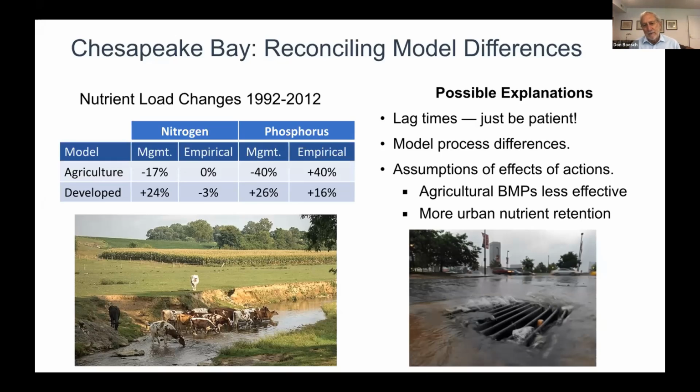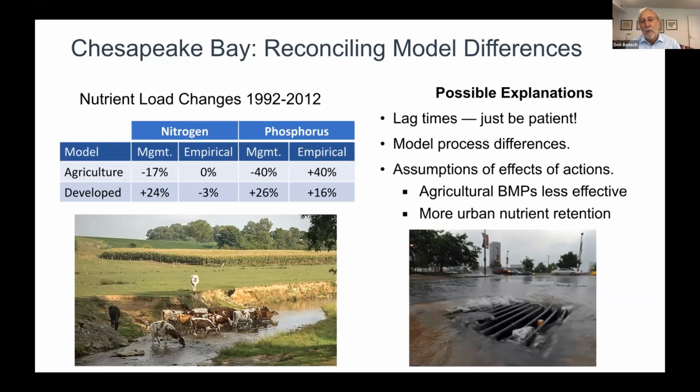The models are different. There may be some assumptions in the model processes which could be explaining the differences. And then, of course, the other third option is the assumptions that go into the management model about the level of BMP implementation, all based on what the state agencies report, things that were done over so many acres, whether they are actually implemented according to the best practices.